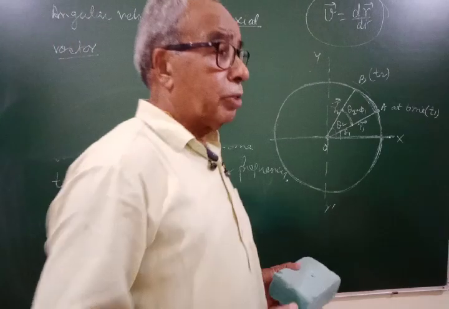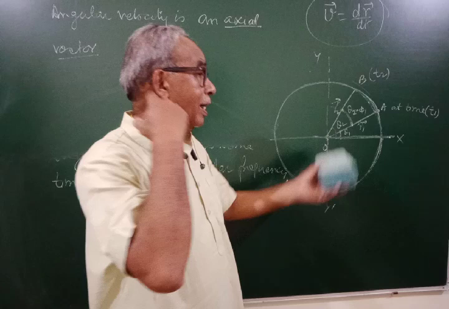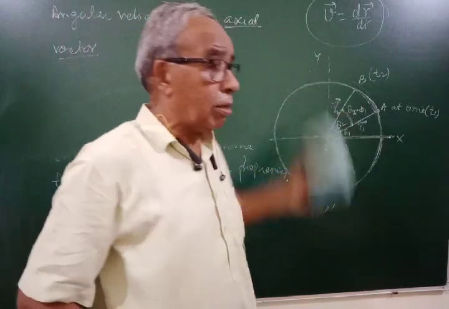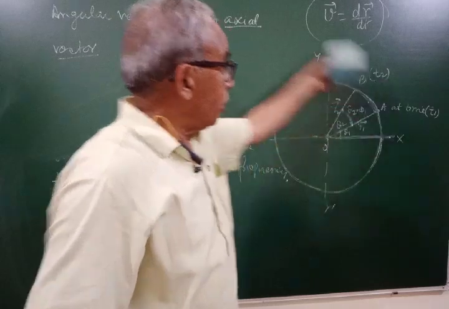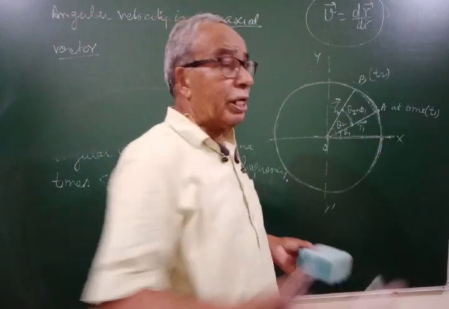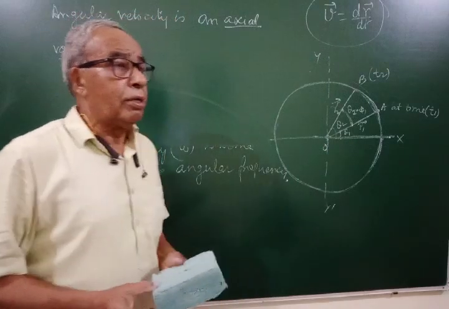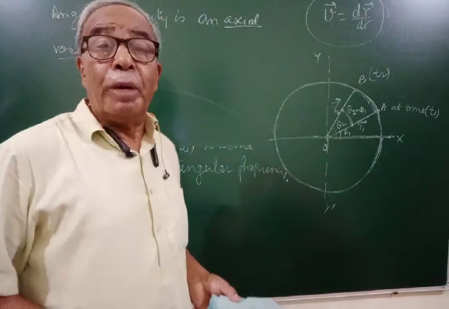And if you take a screw and place it at right angle to the plane of the circle and rotate the screw in the direction of rotation of the body, then the linear motion of the nut on the screw head will be along omega.